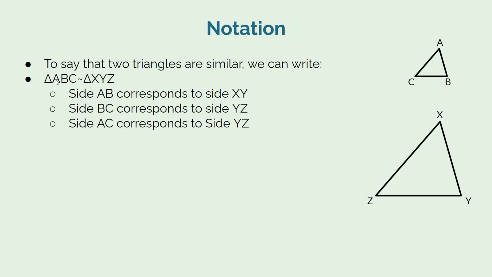If instead of writing triangle ABC is similar to triangle XYZ you switch the positions of letter A and letter C, that would change which sides correspond to each other. That's really important. If we changed A and C, then we would be saying side CB corresponds to side XY, which is simply not true.